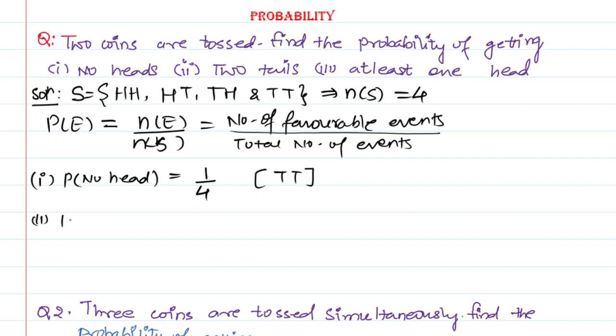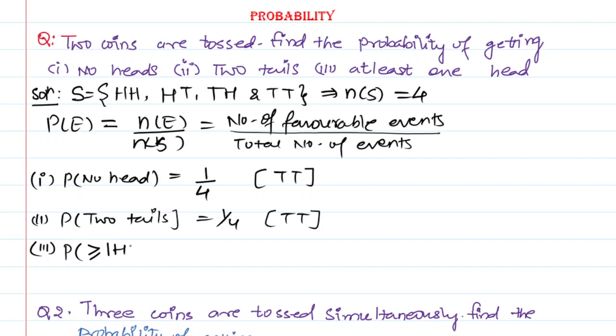Second case, probability of getting two tails. Again the probability is 1 by 4 because I am taking T and T. Third one, at least one head. At least means minimum of one. So that can be expressed in inequality format as greater than or equal to 1 H. What are the possibilities that we will have?